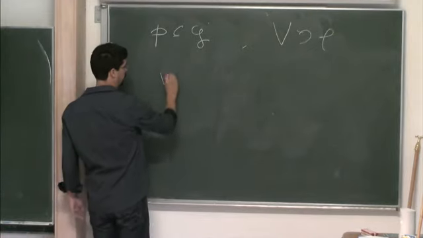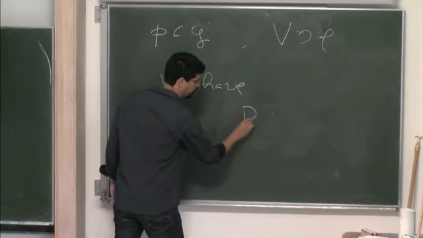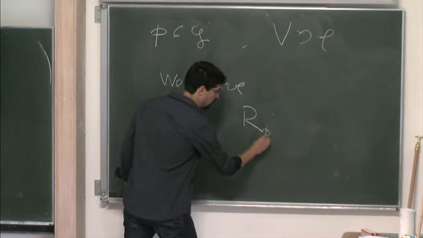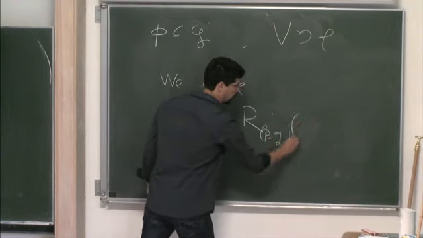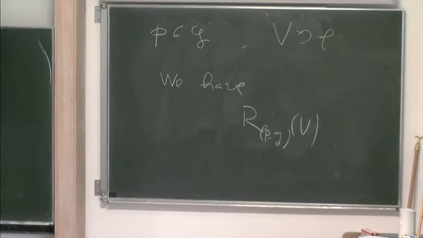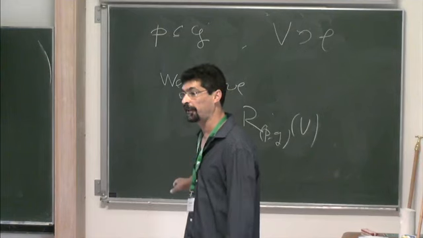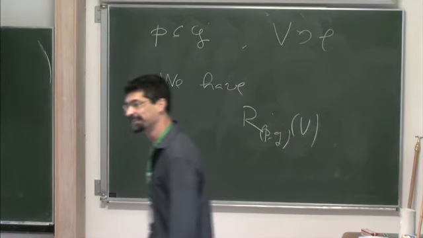So we have R^P_G of V. That categorified. So this should be out right after the summer, right? Yeah.